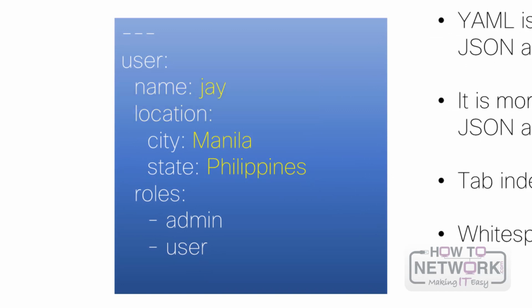In this example, the first object to be indented is a user named J. All data at the same indentation level are attributes of the same object. The next level of indentation begins at the location property, denoting an object that represents a location with city and state properties.